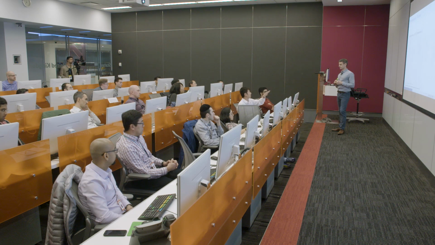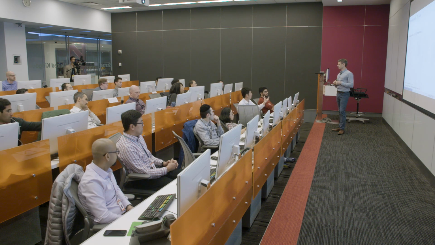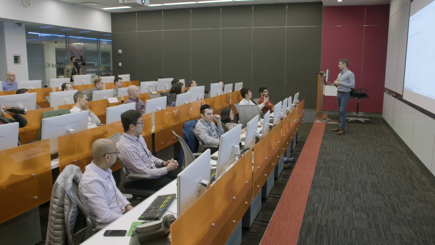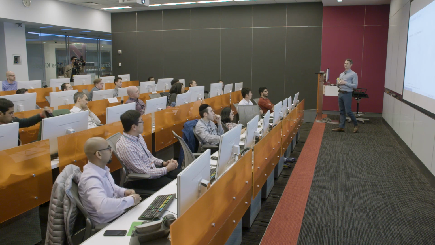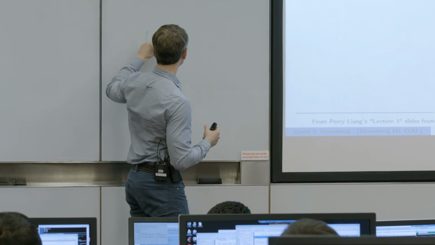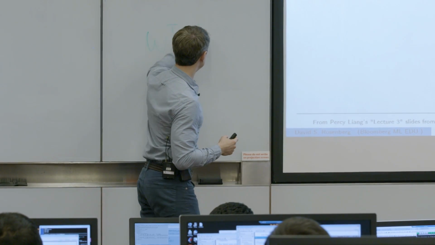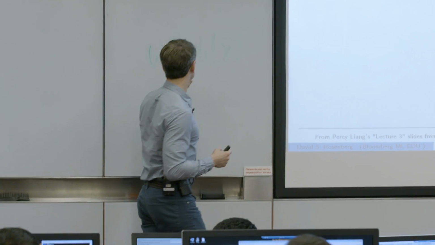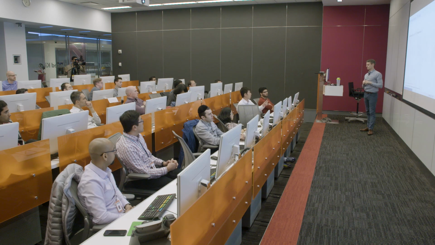When I say linear model, I always mean that the score function, the key piece of it, is a linear combination of your feature vector. So at the core, you have a W transpose phi of x, where phi is your feature vector. Linear function of the feature, that's right.